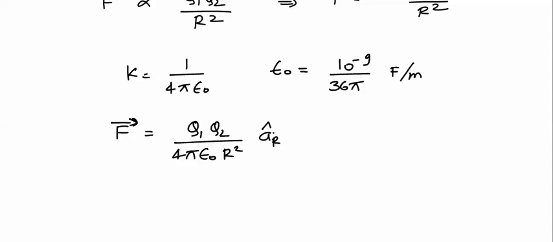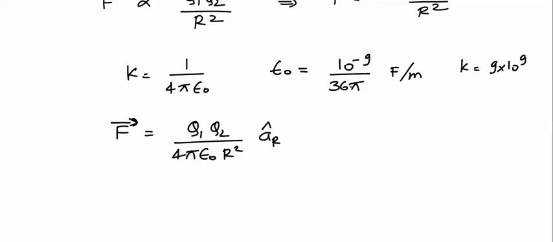Also, if you substitute the epsilon naught value in k, we will get k equal to 9 into 10 to the power 9. So this is the constant k.